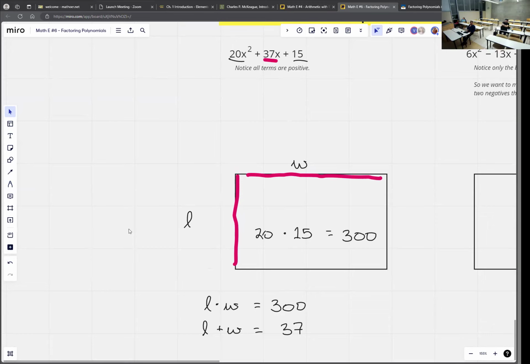Well, 30 times 10 is 300, but that doesn't add up the right way.